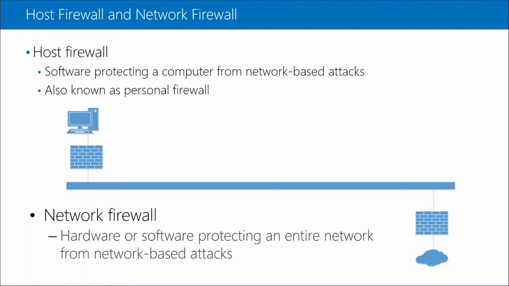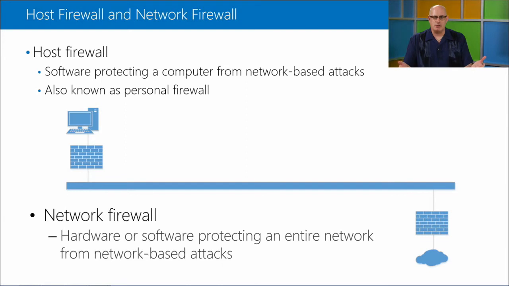So host, let's step back for a second and think about the fact that all network traffic travels all over the network. Once a device puts something on the network, it goes to all devices on the network. A host or client firewall filters out stuff that's not meant for that client or that's not pertinent for that client.